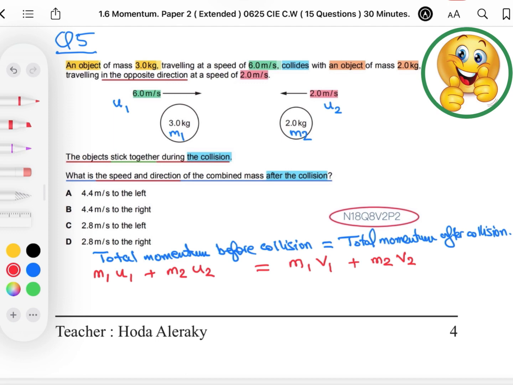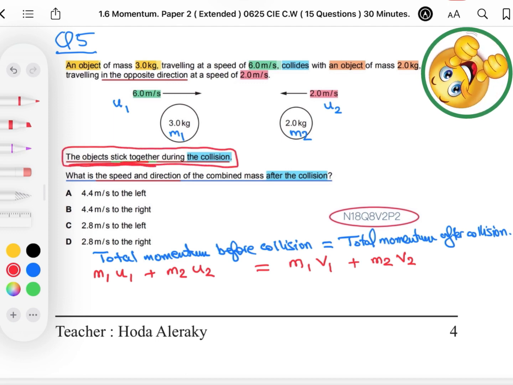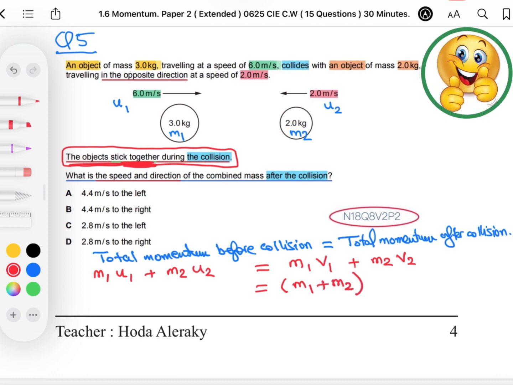But in this case the two objects will stick together. What do you mean by stick together? After collision they will act as one object. So we can consider M1 plus M2, and they will have a common velocity. So they will have the same velocity, their final velocity V1 and V2 will be the same.